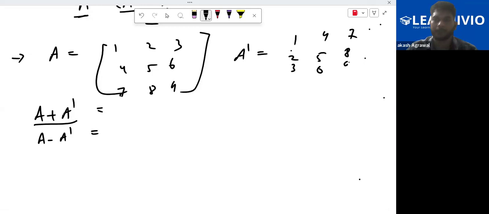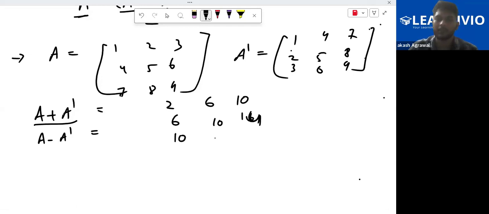Okay, so if A is this, A transpose is this. If we add them up, we'll get 2, 6, 10. This is 6, 10, 16. Sorry, 14. This is 10, 14, and 9 plus 9 is 18. Okay, so you can clearly see that this is a symmetric matrix.